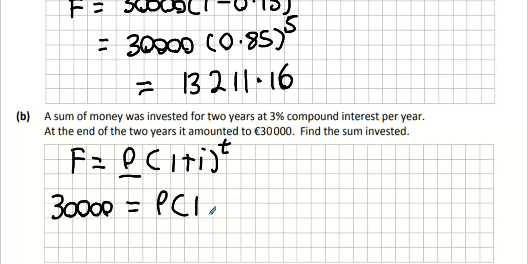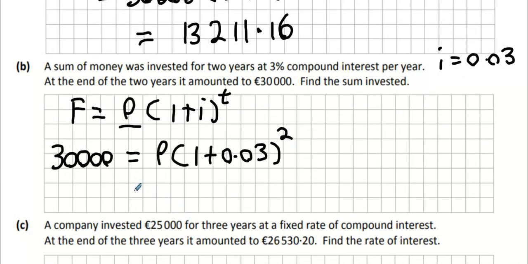Now what's your I value? Not 3. 0.03, it has to be 3%. And your T value? 2.